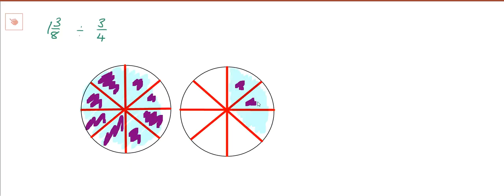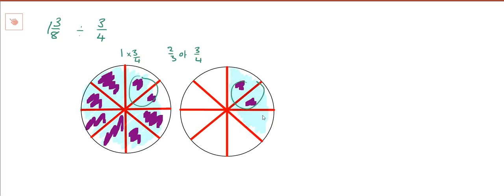That's not enough yet. So if I think about it, I've got 1 lot of 3/4. But then I've only got 2/3 of 3/4, because 1, 2 out of 3/4, so 2/3 of 3/4.